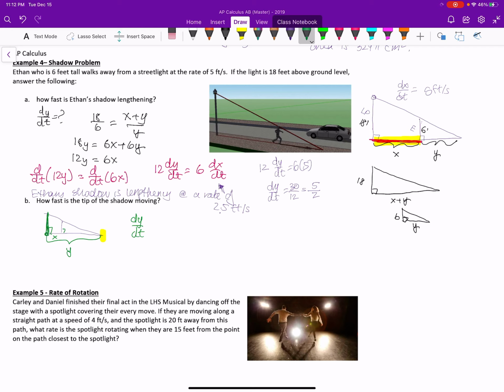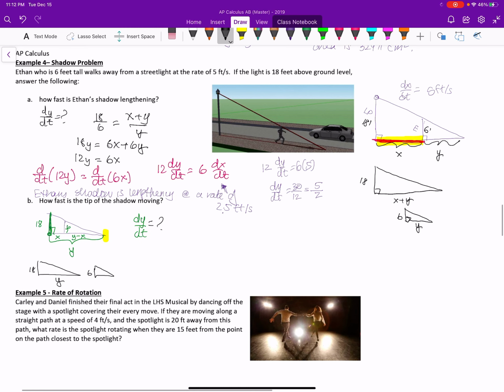So in this case, or you could pick a different variable, it doesn't really matter. By similar triangles, Ethan is still 6, the lamppost is still 18, and this little piece would be y minus x. So the setup would be 6, this would be 18, this whole length is y, which is what I'm looking for, dy/dt, but this now is going to be y minus x.